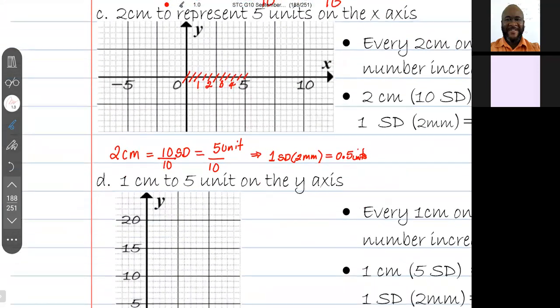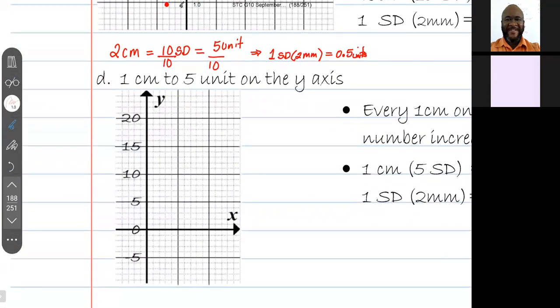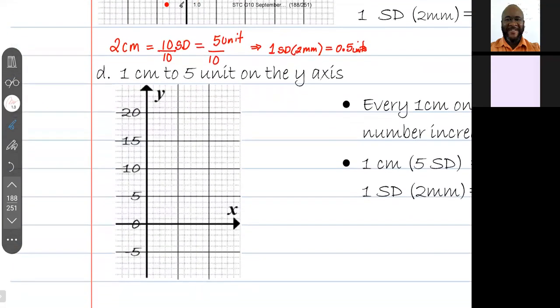All right, this scale says 1 centimeter to 5 units on the y-axis.